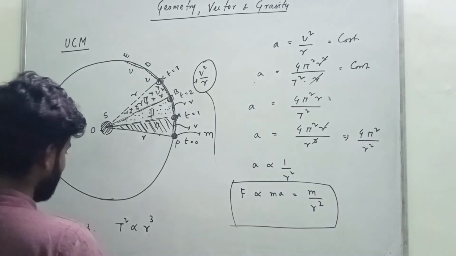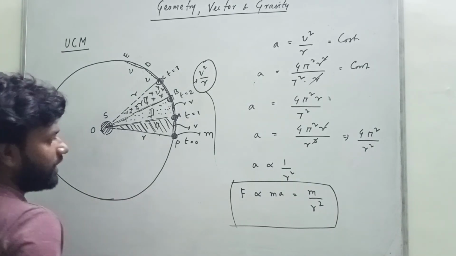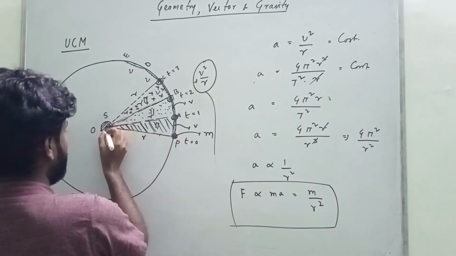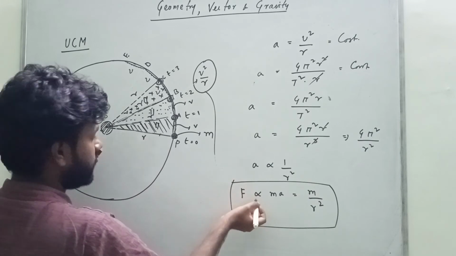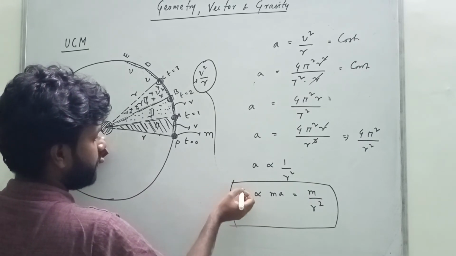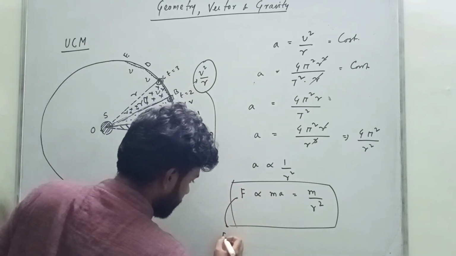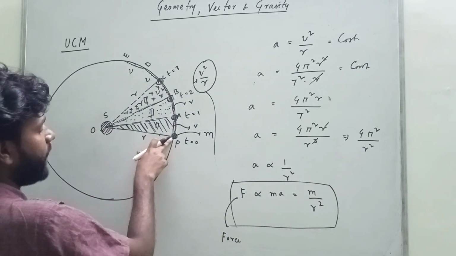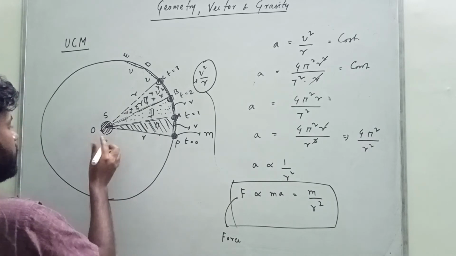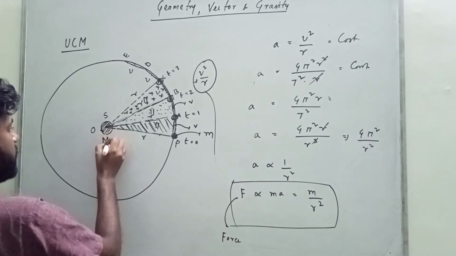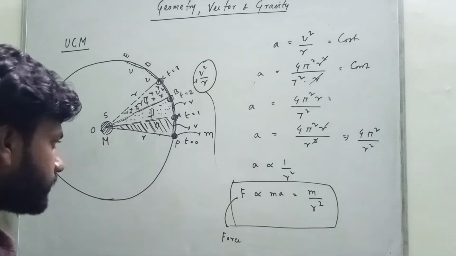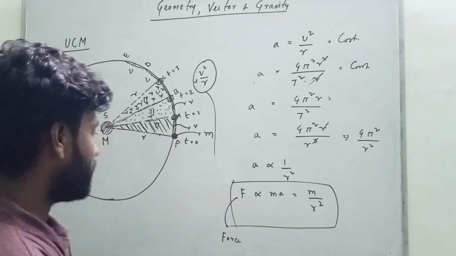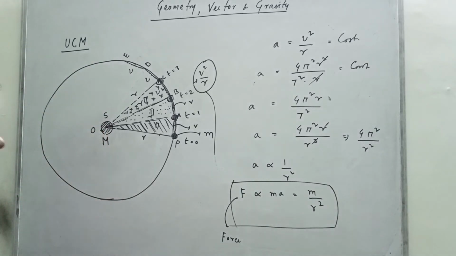And from Newton's third law, the force F here acts on the planet by the sun, right? Take the mass of the sun as capital M. This is the force on the planet by the sun, because the sun is in the center.